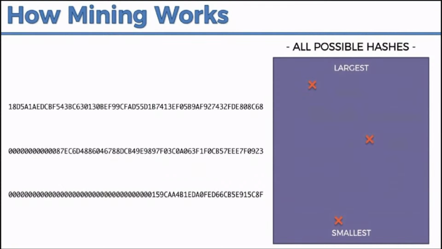They consider the minimum hash value. You can check out in this picture. We have represented here 16 zeros and some characters in the third line, 8 zeros and the rest characters, and in the first line we have all characters. Out of this, which is the minimum hash value? Obviously the last one, correct?